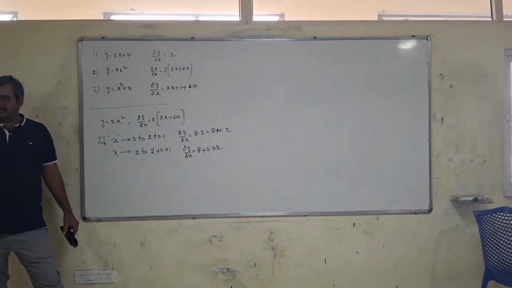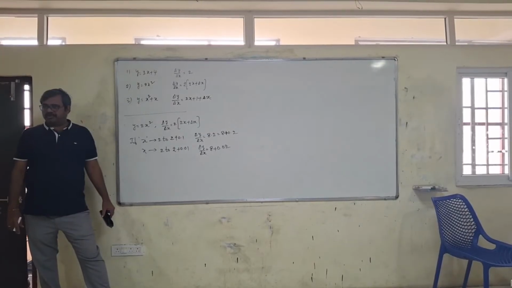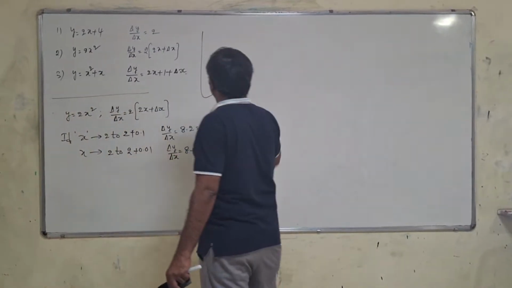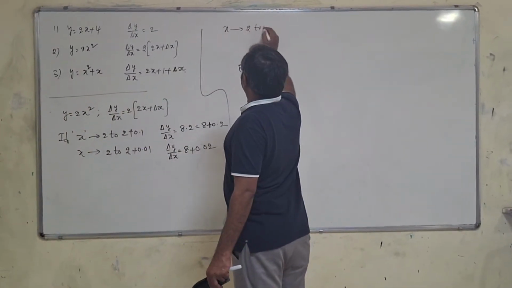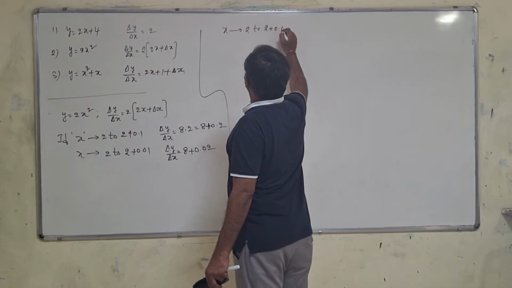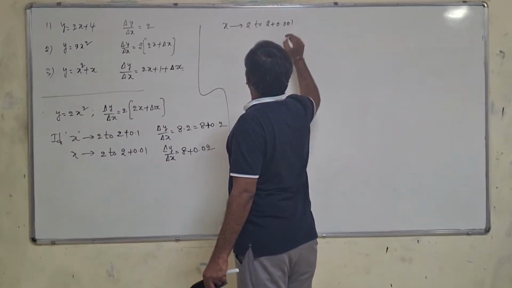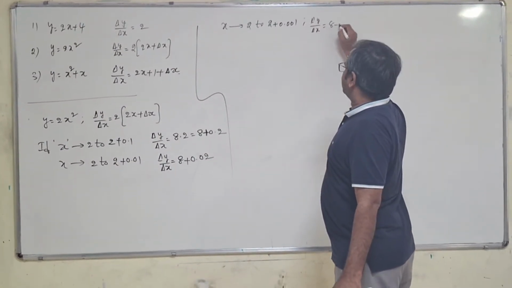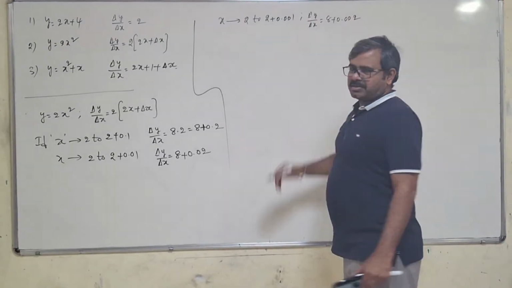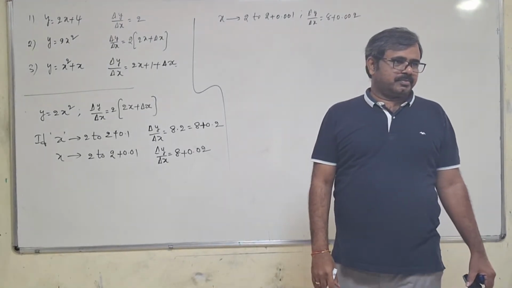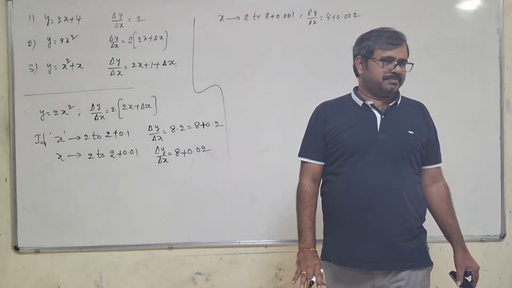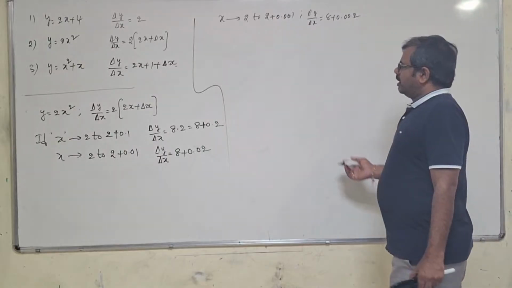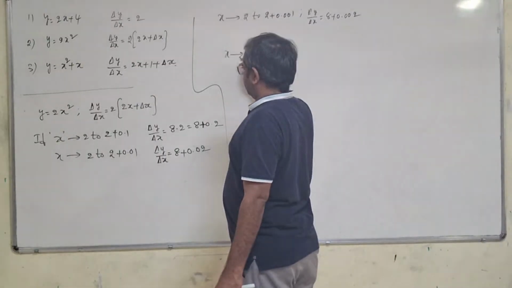Are you following this? Now you understand the pattern, right? What are you getting? 8 plus 0.002. Understand this? I'll give you three more examples.